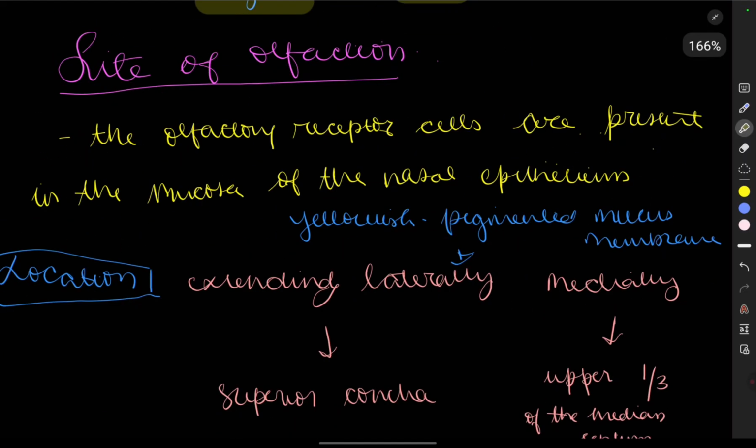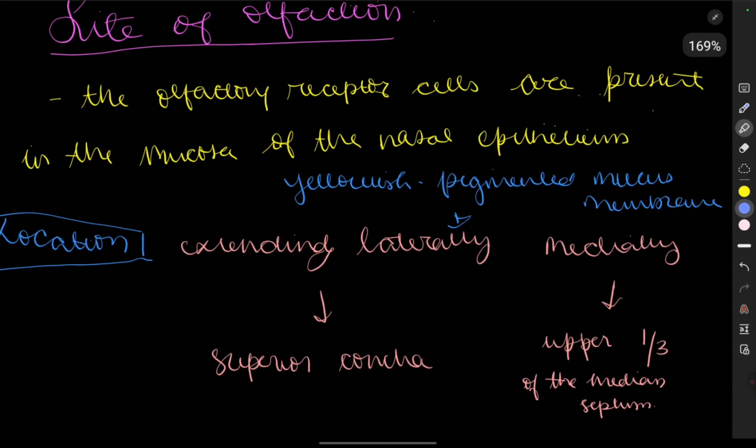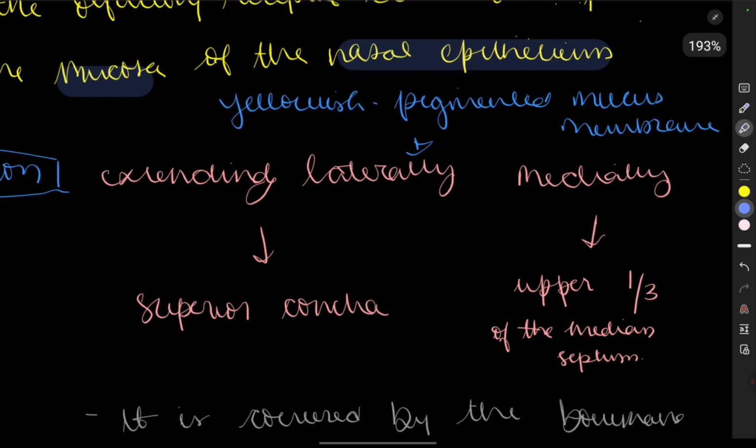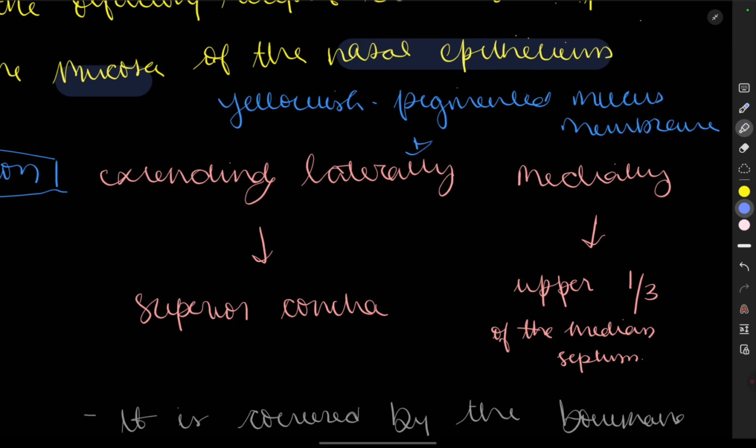Now the site of olfaction: the olfactory receptor cells are present in the olfactory mucosa of the nasal epithelium, as we already mentioned. Its location is a yellowish pigmented mucous membrane present in the nasal epithelium.